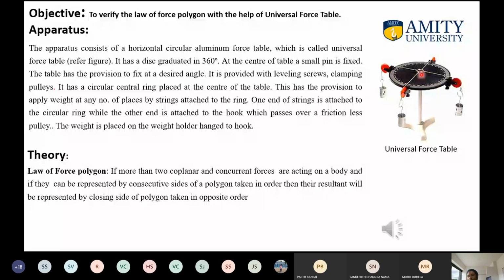This is one thread, second, third, and fourth. After this you can see the hook, and on each hook there are different weights hanging. This is for pulley 1, this is second, this is third, and that is the other one.